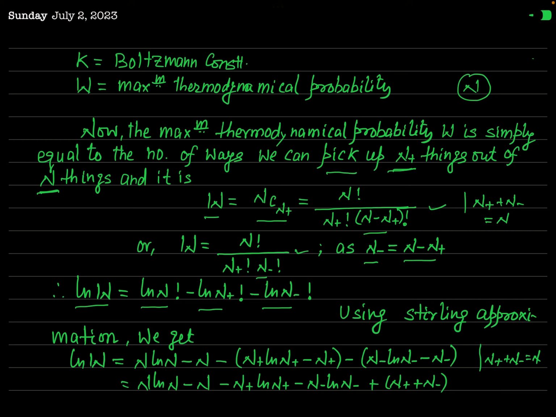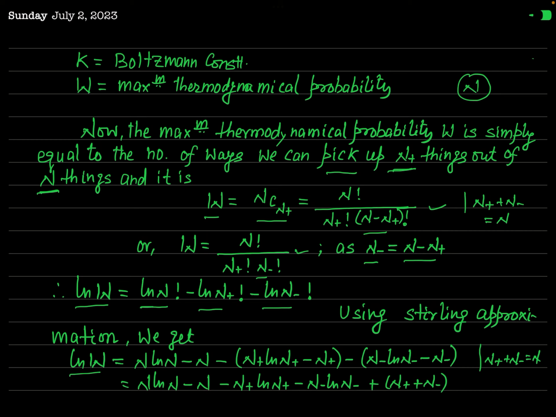Now you know all these factorial terms can be simplified by using the famous Stirling formula or Stirling approximation. And you have used this Stirling approximation several times in the course of your statistical mechanics, so you are well known to it. So using this Stirling approximation, you can write ln W equal to what?